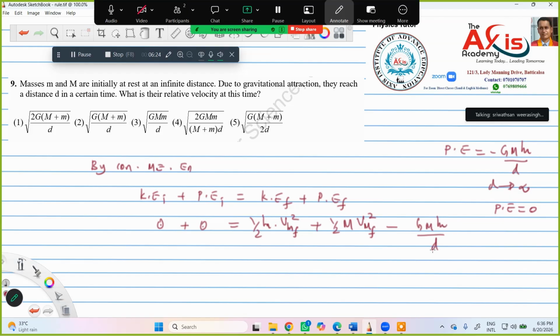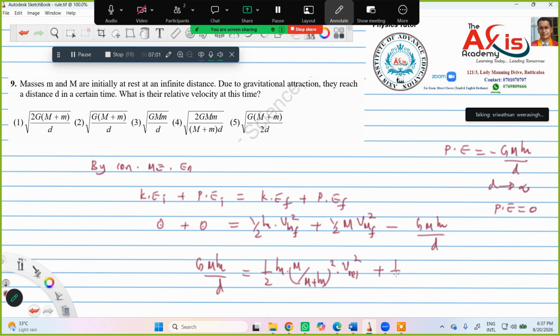So G capital M small m over d equals half small m V small m squared, where V small m is capital M over capital M plus small m into V relative, according to the formula we obtained earlier.